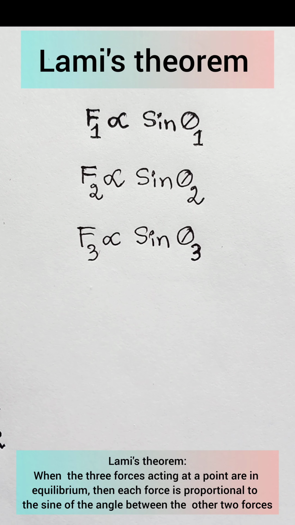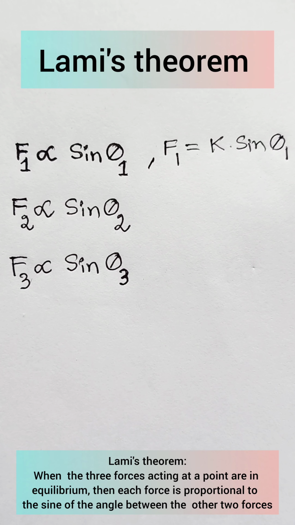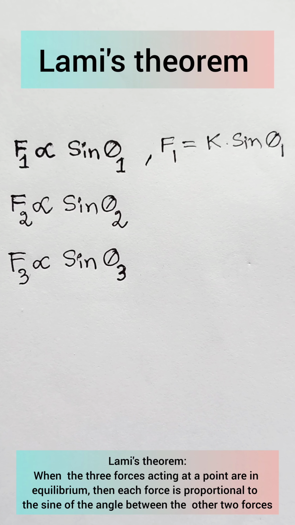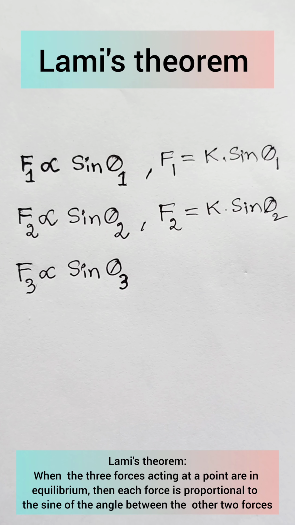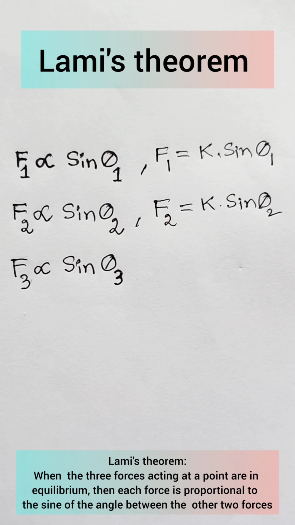To break the proportionality between force and sine theta, we have to introduce a proportionality constant K. F1 equal to K into sine theta 1. We can write F2 as K into sine theta 2.